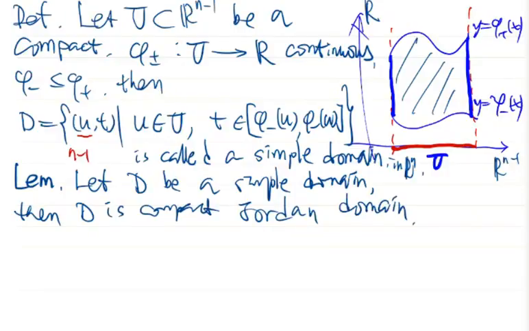Therefore, continuous function over D is integrable. Okay, so we will study how to compute the integral of continuous function over D. But first, we need to describe the proof of this lemma, to ensure that D is a Jordan domain.